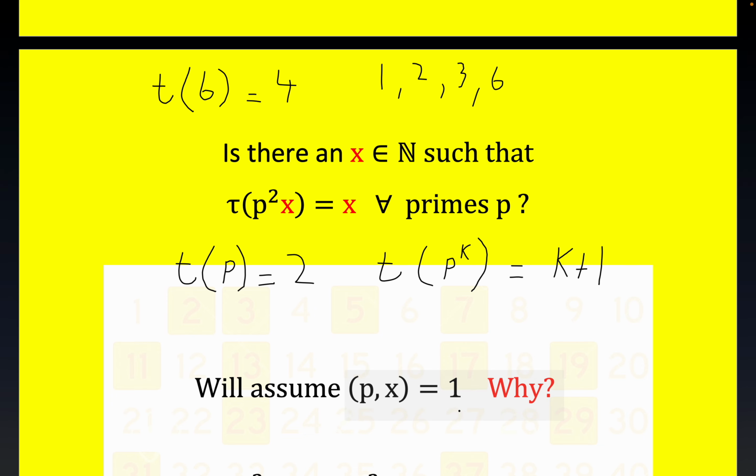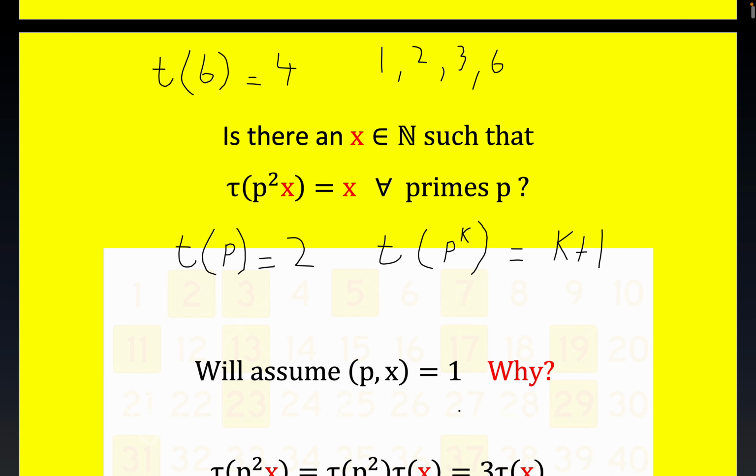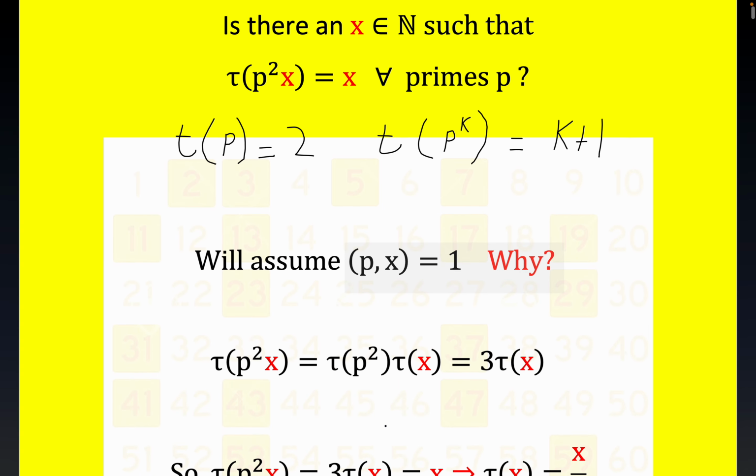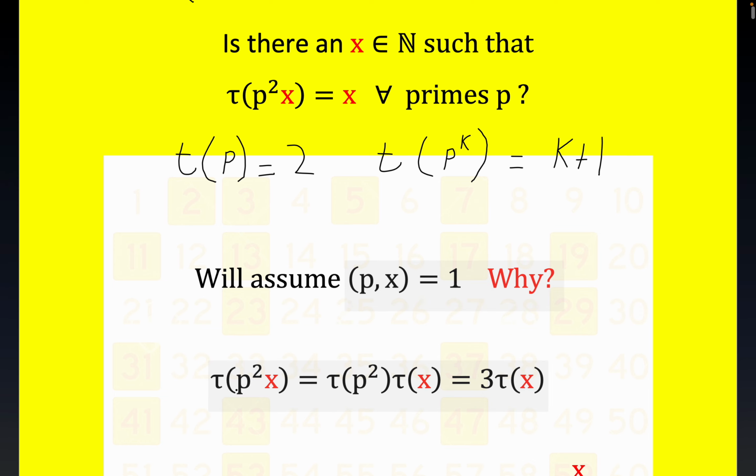We're going to make that assumption and see if we can live with it. Now, the reason why we make that assumption is that the tau function actually splits. This is what it means for a number theoretic function to be multiplicative. It splits. So what we get right here is something that follows immediately just from this property.